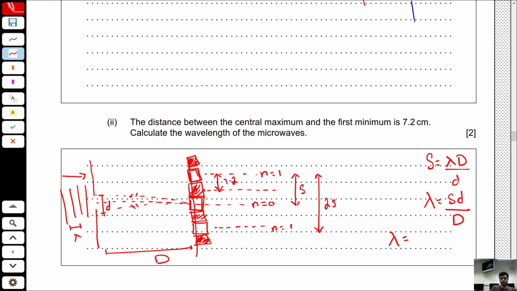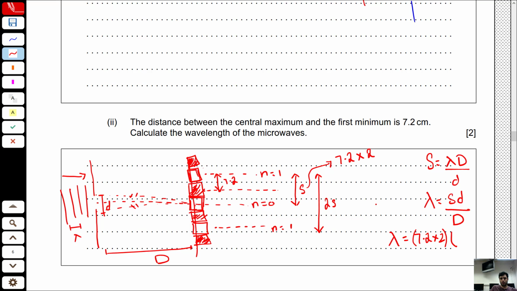As you can observe, s is double that, so we have to multiply by 2. We have to take twice this distance, because this distance is half of that distance. So s can be replaced by 7.2 times 2.